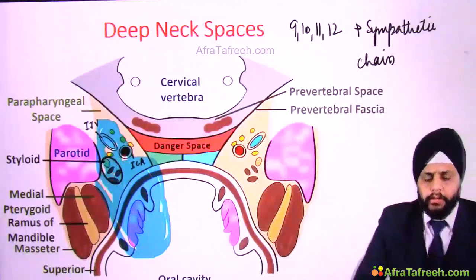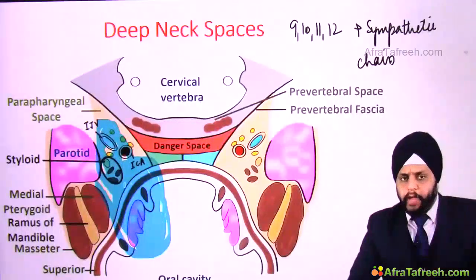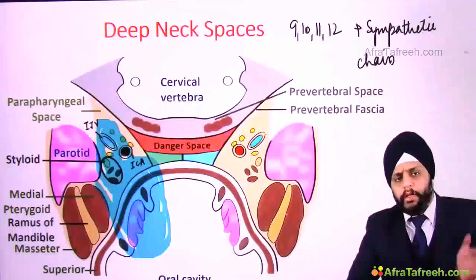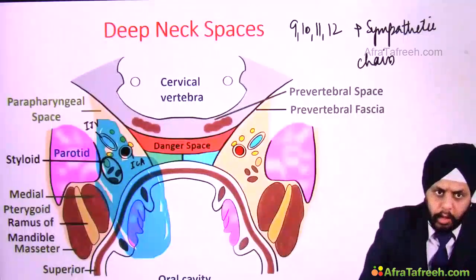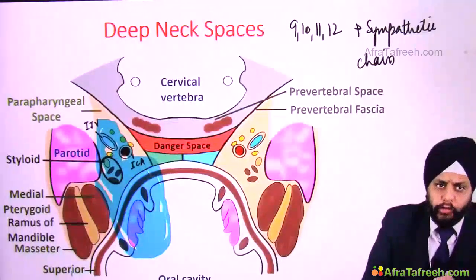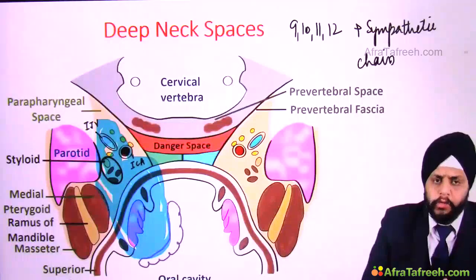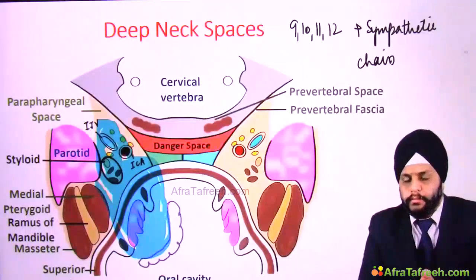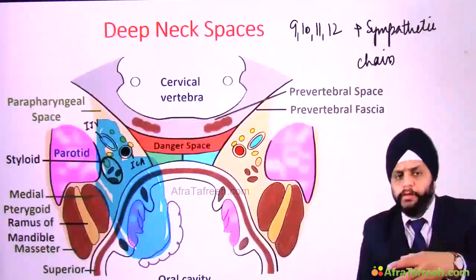You see, the space is lateral to the pharynx, so this abscess will also appear on the lateral pharyngeal wall. And it will push the tonsils to the midline.